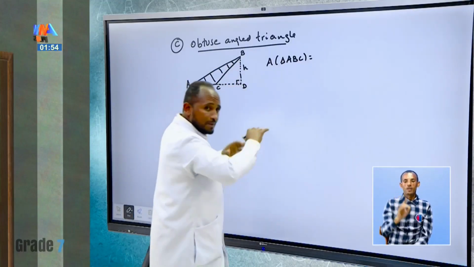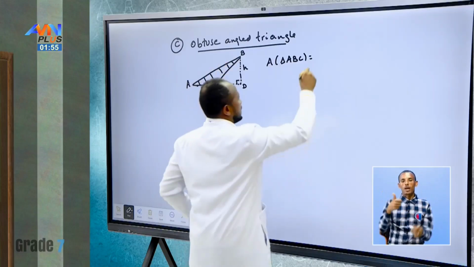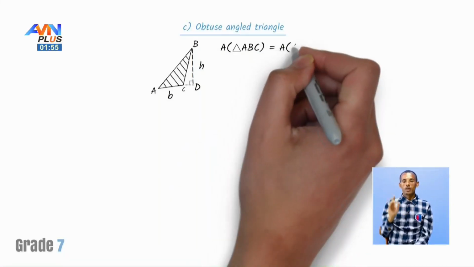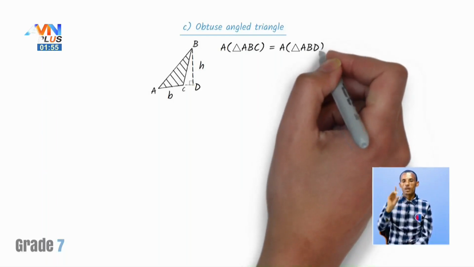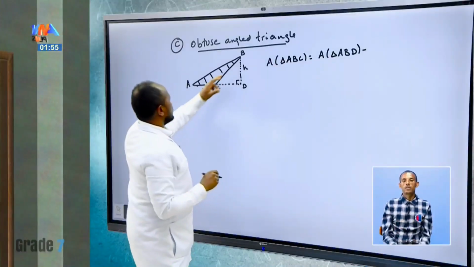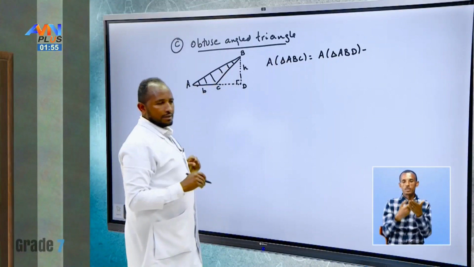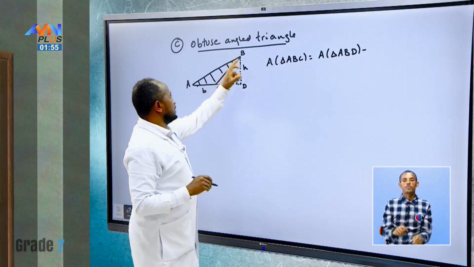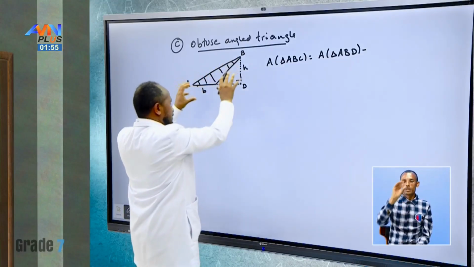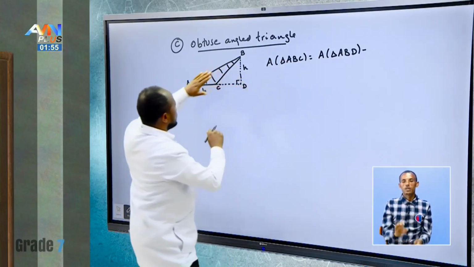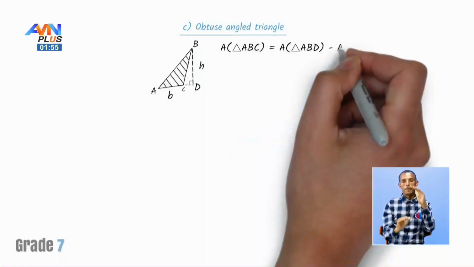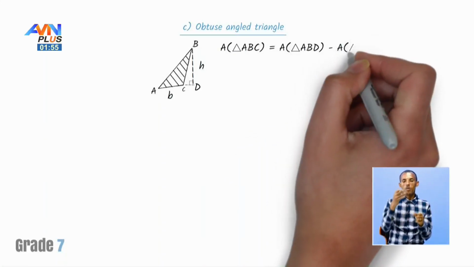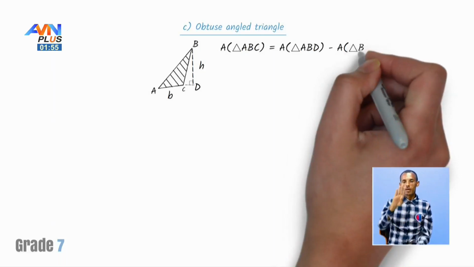So from the bigger triangle, area of triangle ABD minus the area of this triangle BDC. From the total triangle, if you subtract this one, you will have the area of this. Therefore, minus area of triangle BDC.